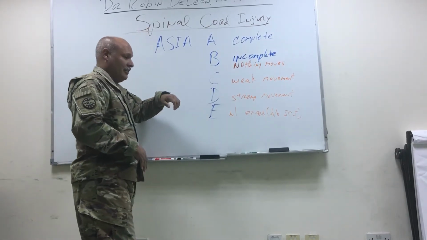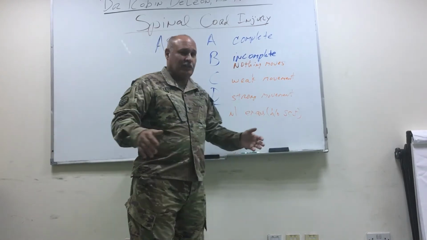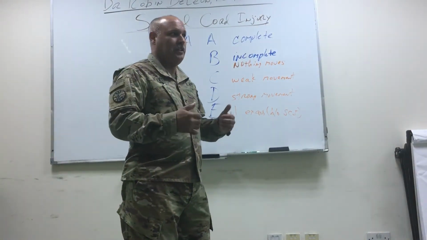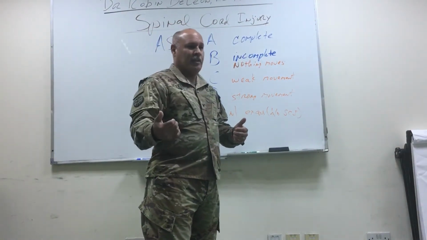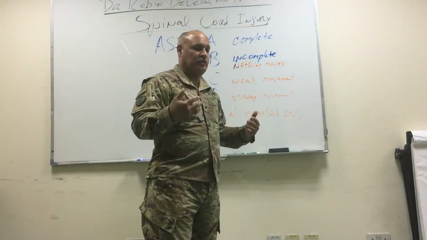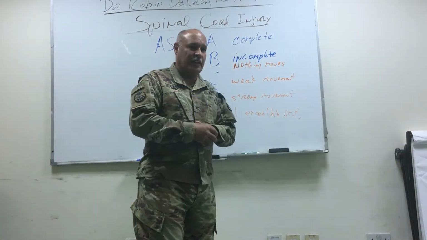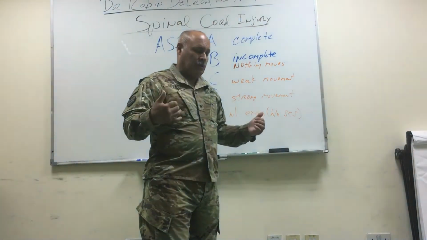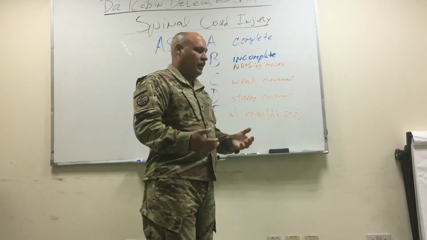What muscles am I testing? There's a zillion muscles in the body, but we're going to test critically 5 muscles in each arm, or 5 exertions in each arm, 5 exertions in each leg. So 20 total, and we're going to grade them.